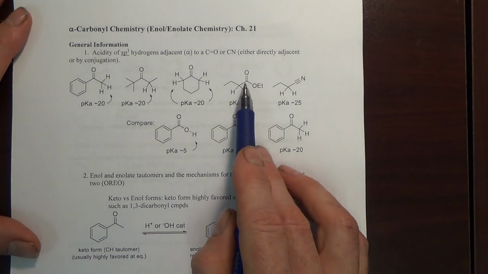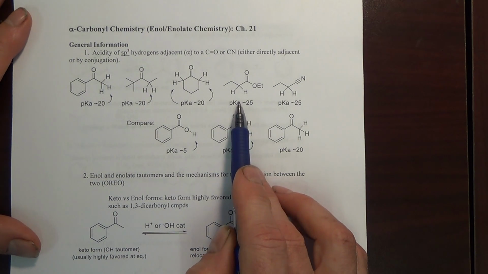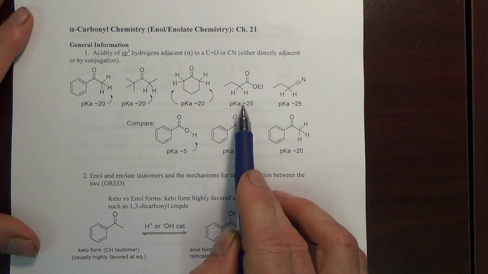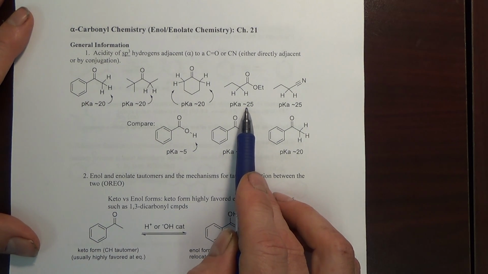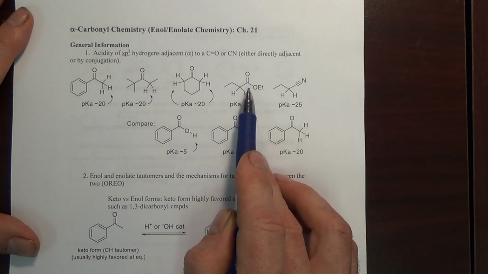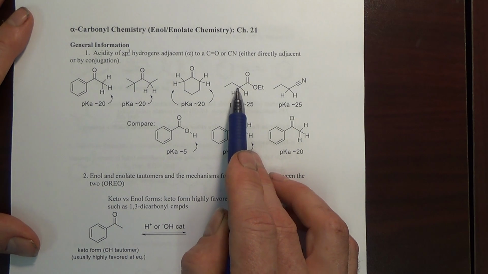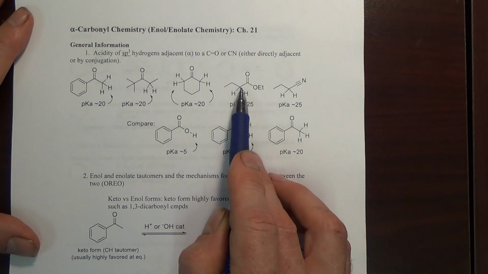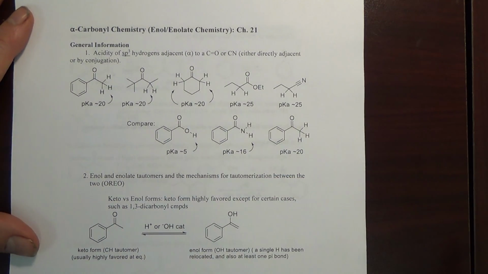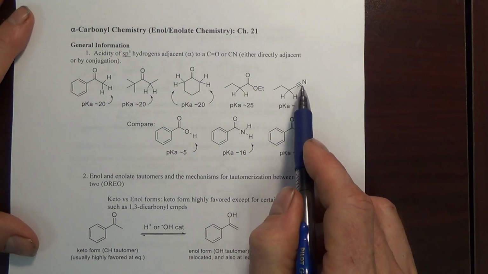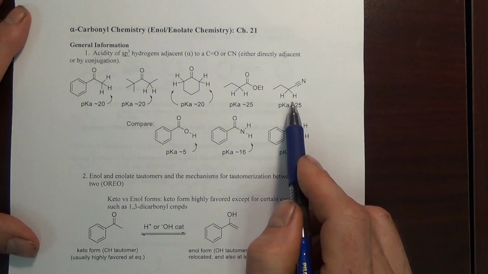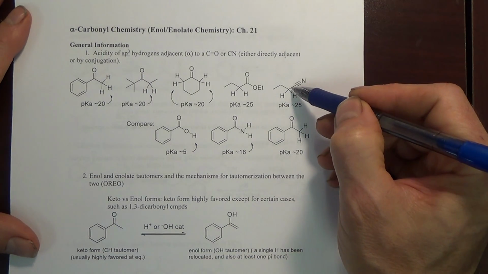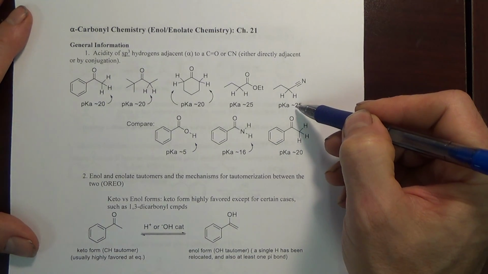Now the alpha CH of an ester is less acidic, about 25. Of course, with an ester, there's only one alpha carbon, and so you can only have alpha CHs on one side. Likewise, the alpha CHs of a nitrile compound, alpha to the cyano group, also have a pKa of about 25.